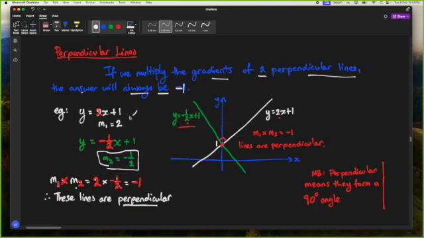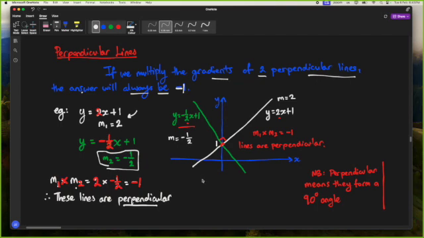Then I have the white line, which is the line y = 2x + 1, so in this case m is 2. For the white line, m is 2, and for the green line, m is negative a half.